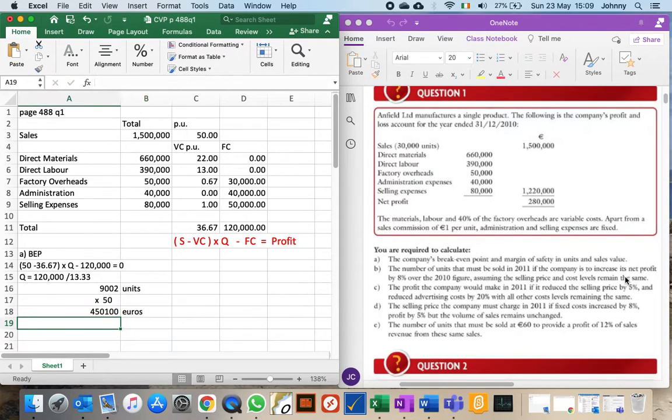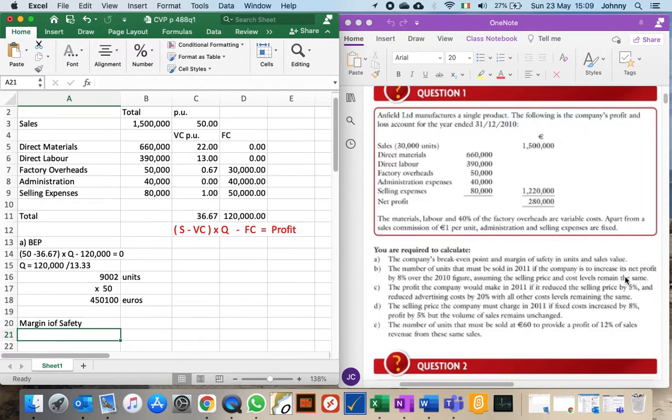Okay, margin of safety, then I'm going to do something similar. So margin of safety is the difference between forecast sales, sorry, let's fix this. Okay, so margin of safety is the difference between forecast sales for our forecast output, take away our break-even point.